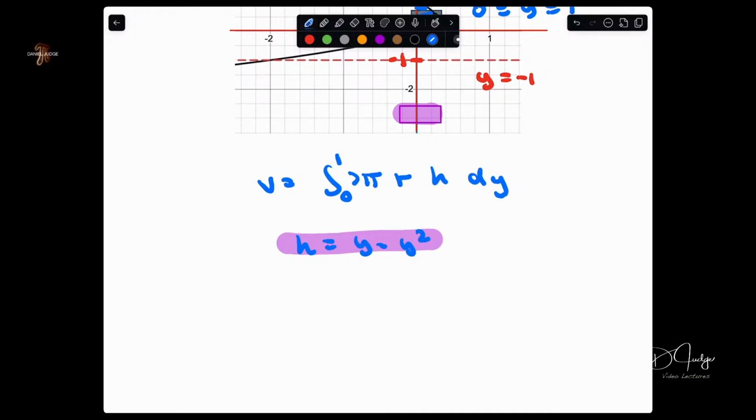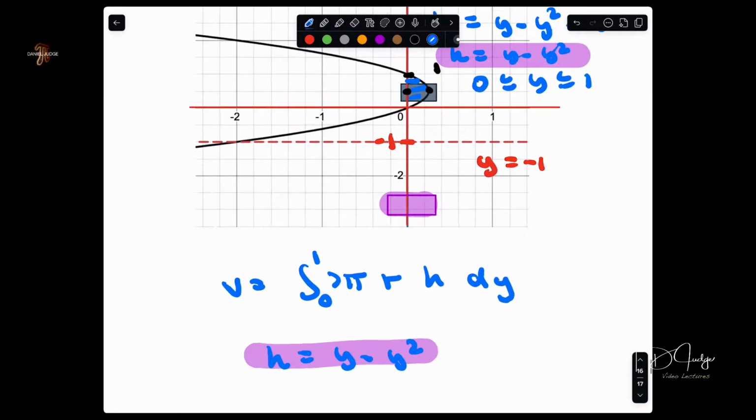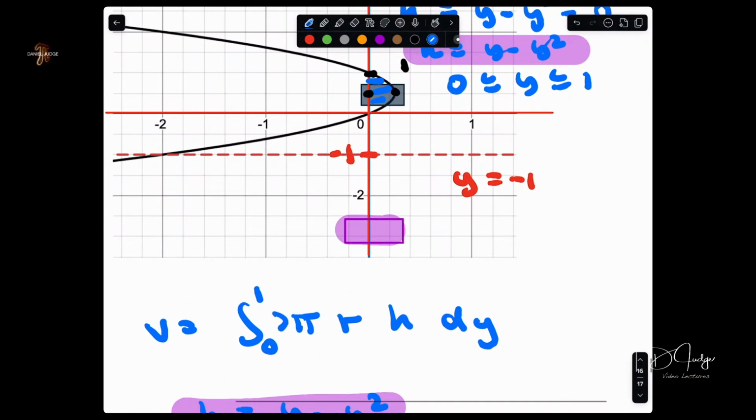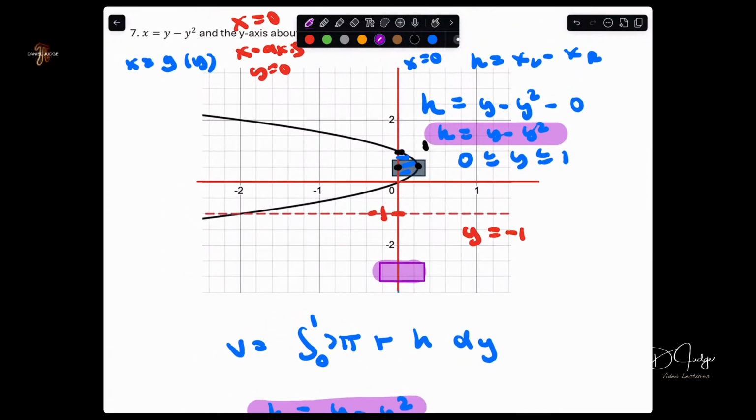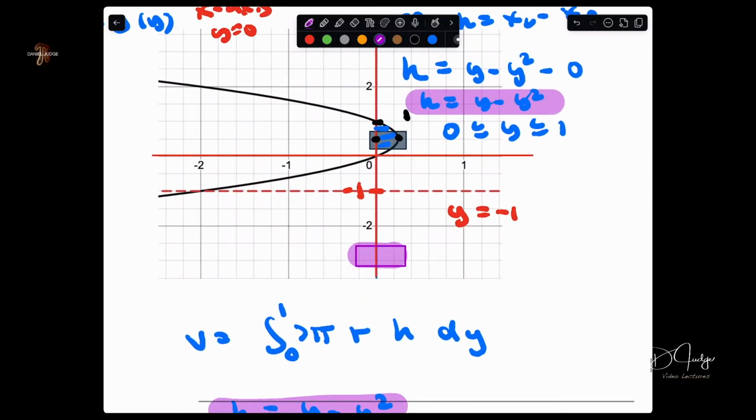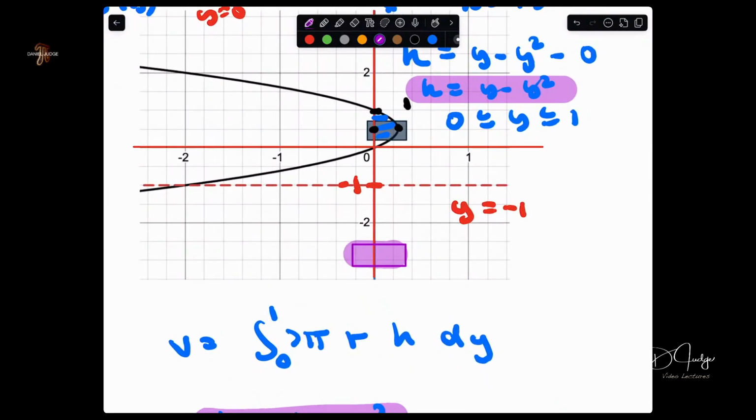Your radius now. Remember, you're revolving about the line y equals -1. So what's going to be my radius value? Think of it this way: this is a y value down to -1.